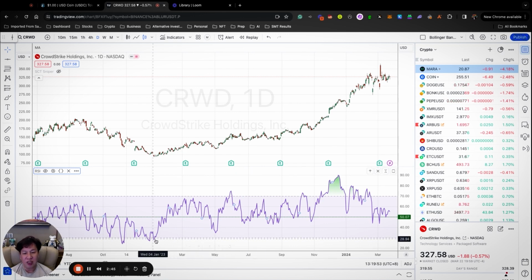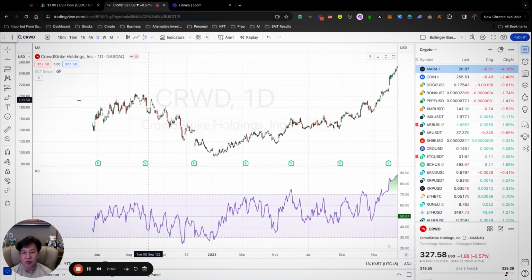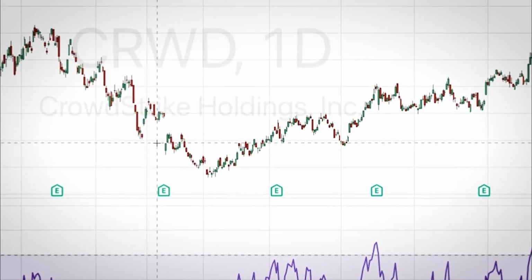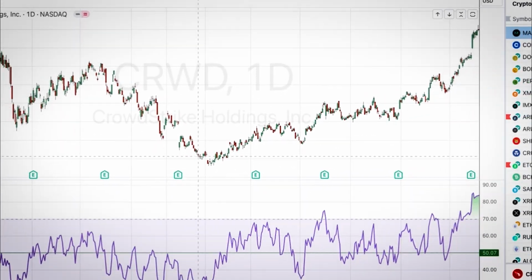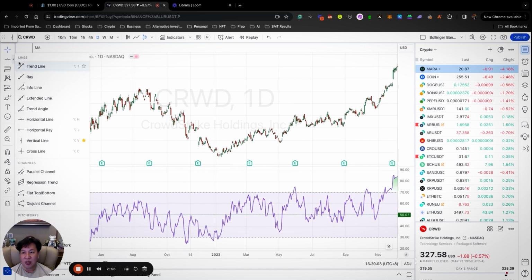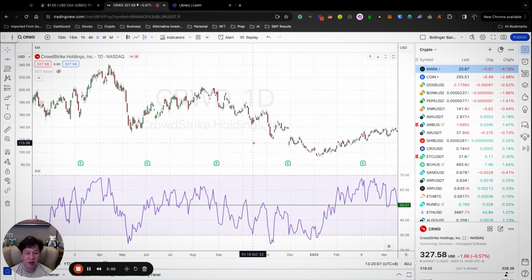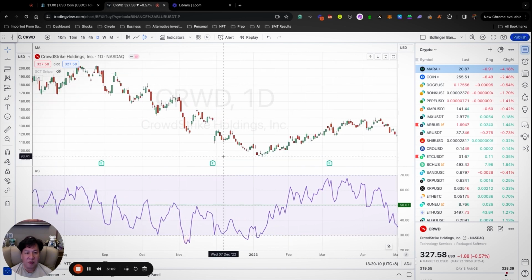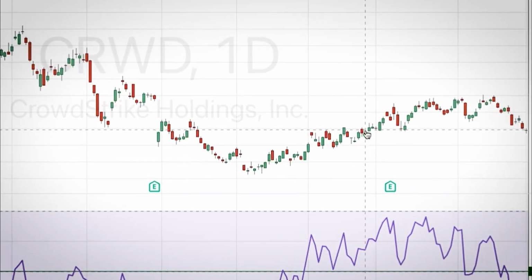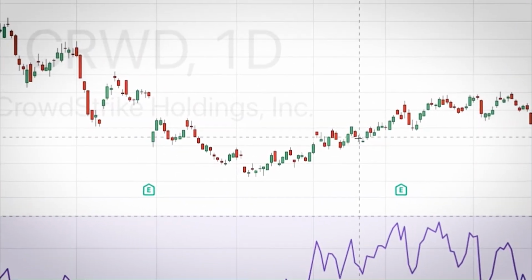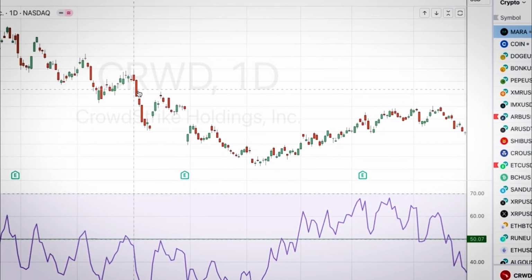Let's say, for example, the market goes into range bound like this. This part over here, you can see it starts to go sideways and range bound. You can zoom in and see. When it's sideways like this, from here to here, this part is considered range bound. Here is considered downtrend.